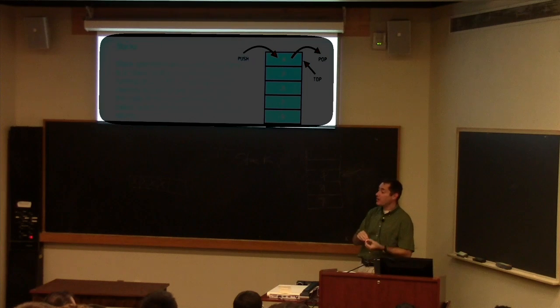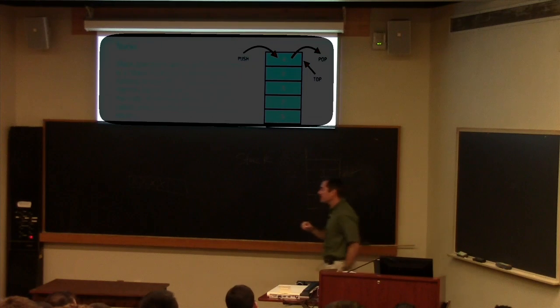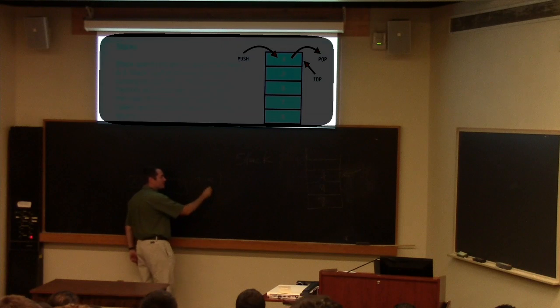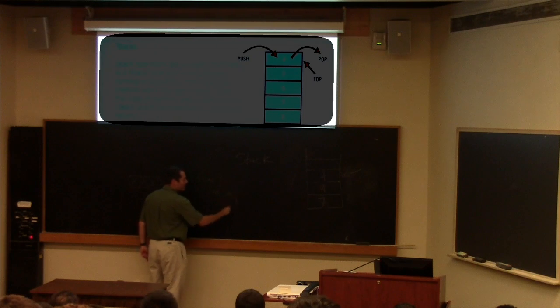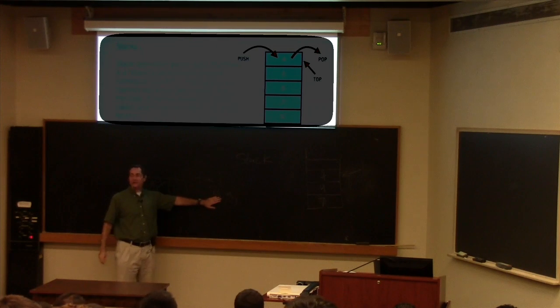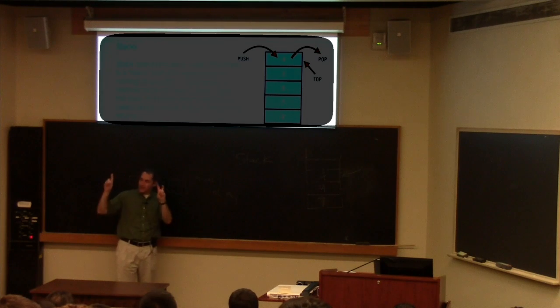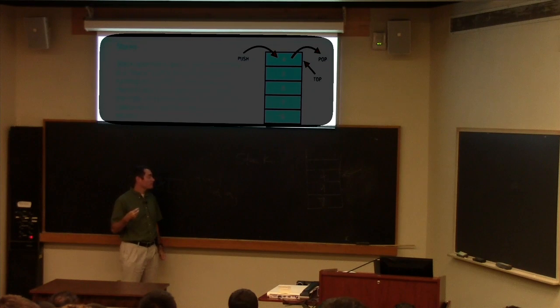But when you make a variable, if you have a function like this, and down here somewhere you say int a, well, the a actually gets put on the stack, meaning in this region of memory that's based on the stack model.